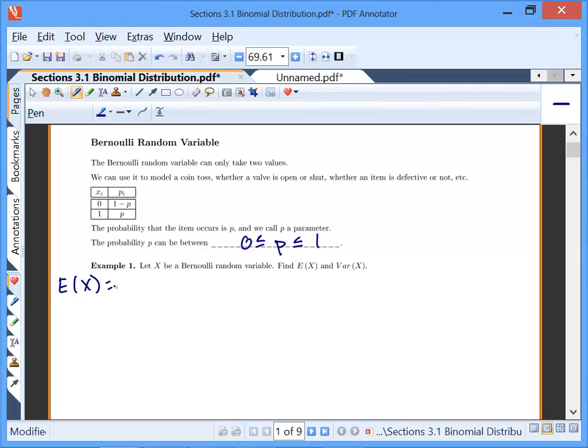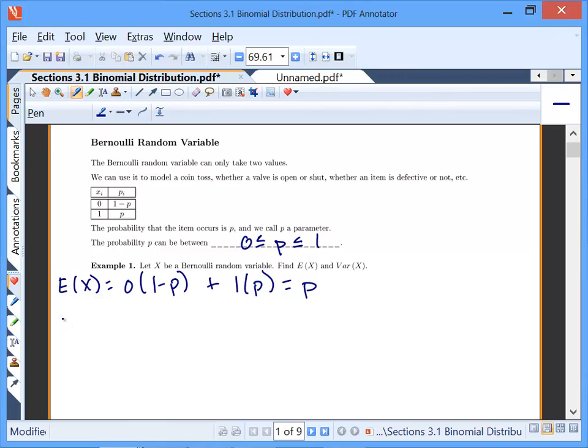At this point, we have the PMF. We have each x value and its probability, and we know how to find expected values if we have that. So the expected value is the first x value of 0 times its probability plus the next x value of 1 times its probability, which gives me p. So the expected value for a Bernoulli random variable is p.